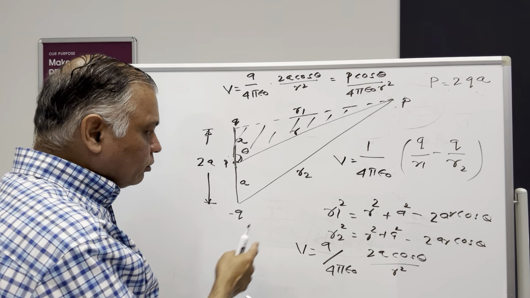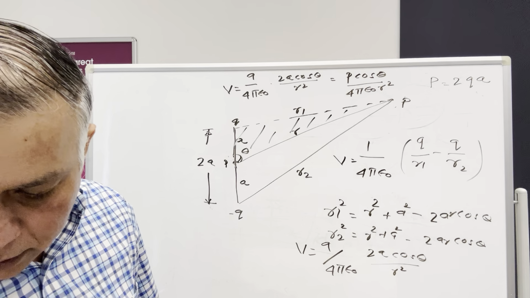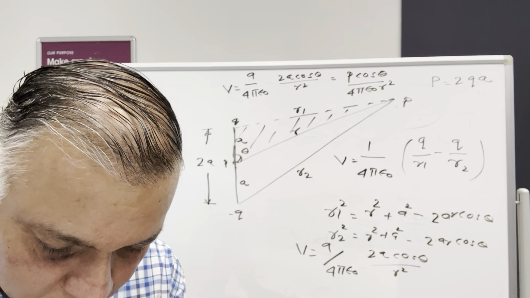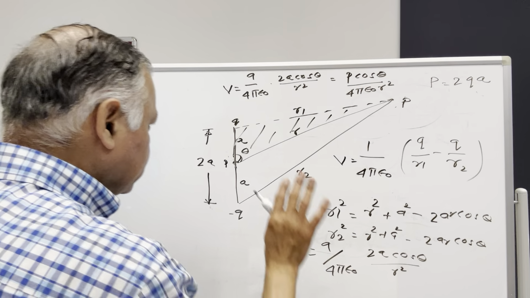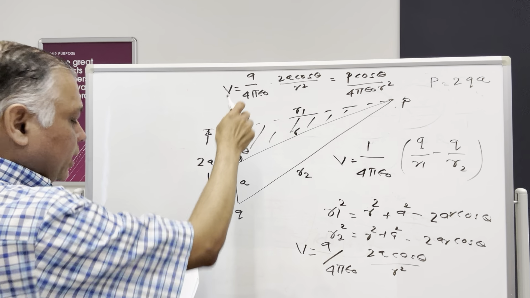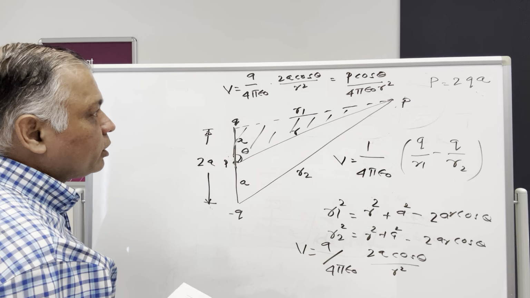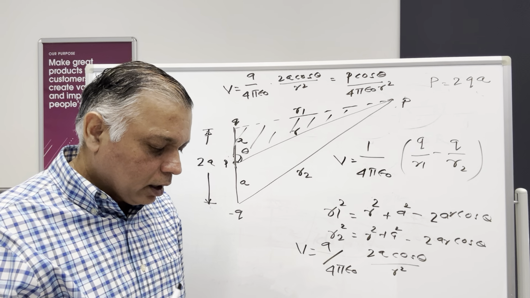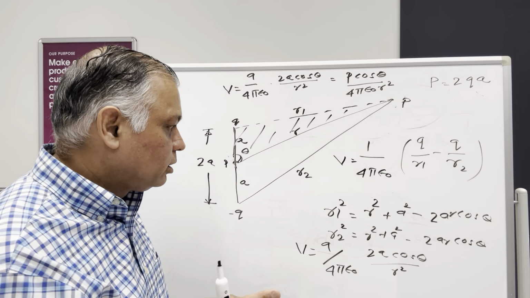So this is how the dipole equation works if the direction portion is given. If the direction portion is not given, and we are just calculating as a scalar entity, then it becomes 1 over 4 pi epsilon 0 r square into P cos theta. So that is the equation for dipole potential calculation you need to remember, right?